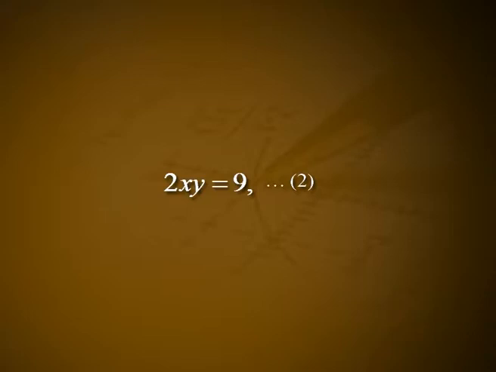We move one radical to the right hand side, square, solve for the radical that still appears and square again, and then the above equation reduces to 2xy = 9, equation number 2, a case of equation 1 in which the cross product term is present.